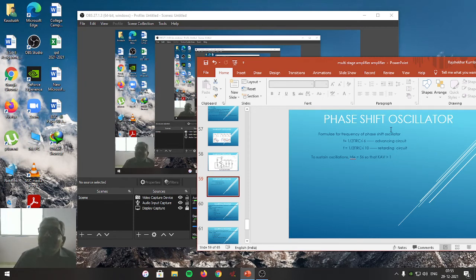Friends, here the derivation of the frequency of the phase shift oscillator is much complicated, and it is not a desired part of your syllabus. So that's why the derivation is totally eliminated from your syllabus.